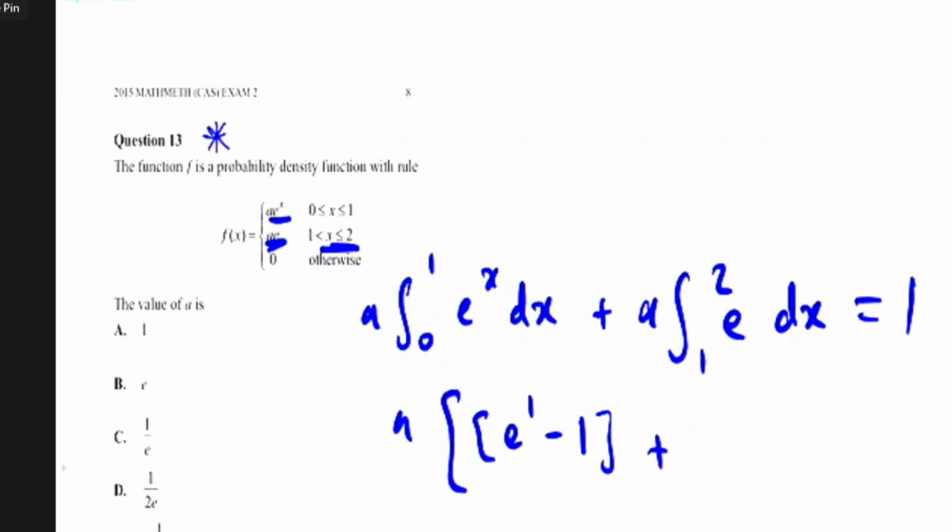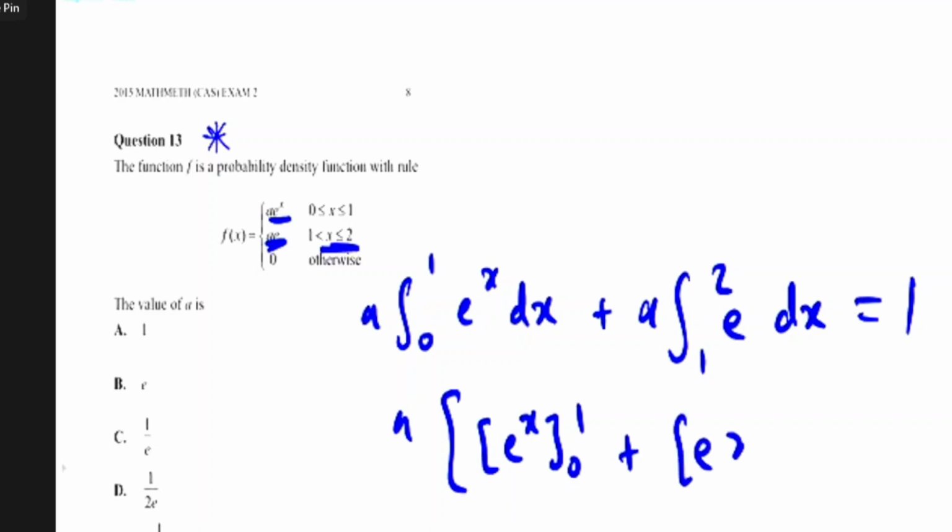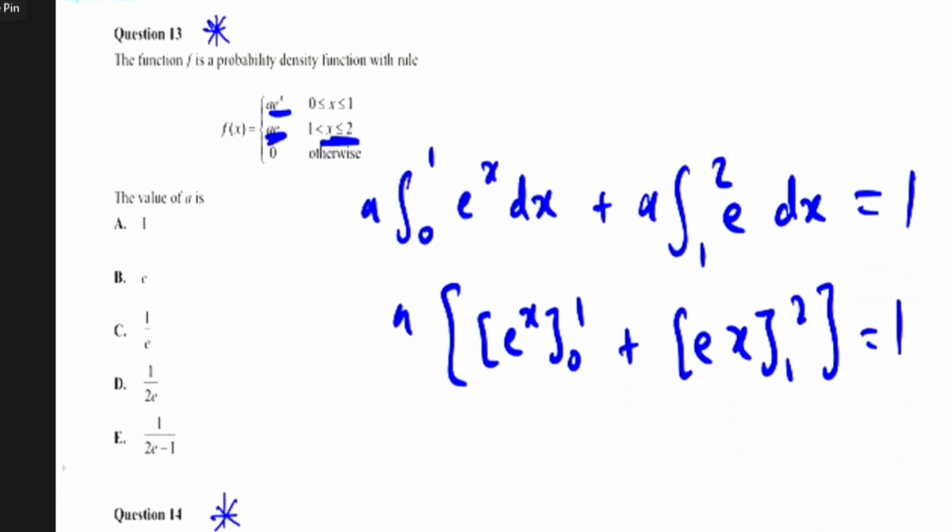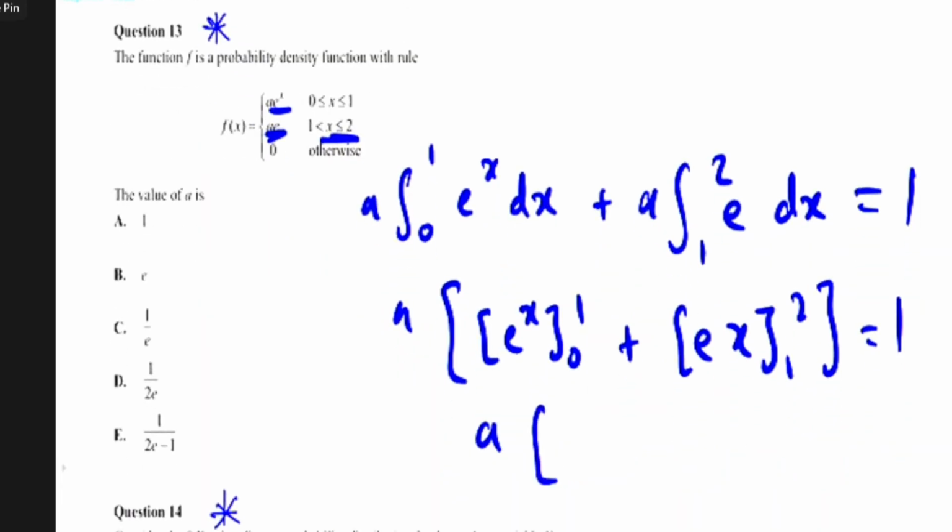actually I'll just expand this out a bit. So it becomes e to the x from 0 to 1 plus e times x from 1 to 2. So that becomes e to the 1 minus 1 plus 2e minus e.